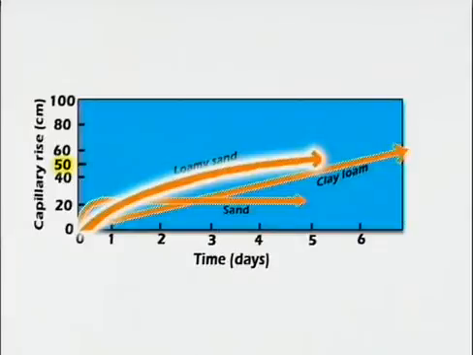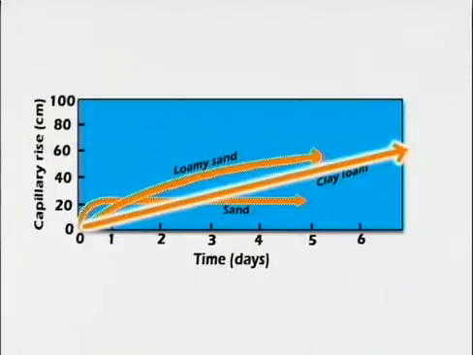Then if we go to the other end of the chart to a very fine textured soil, a clay loam, it takes a much longer time for capillary action to get that water up to its eventual height in the soil profile. Somewhere out here, even past day 10, we may still be seeing capillary rise of water from that free water surface upward in that profile until it actually reaches an equilibrium point.